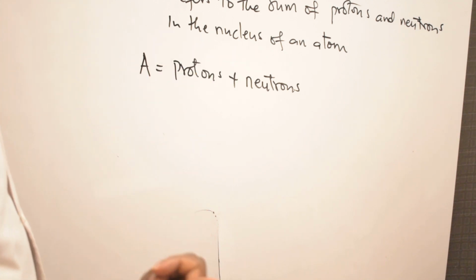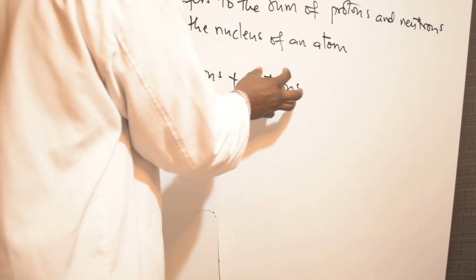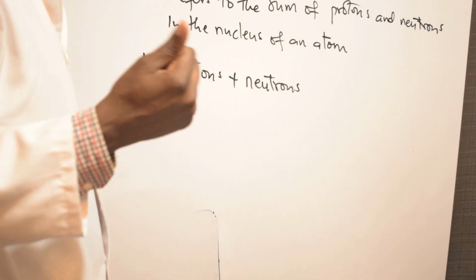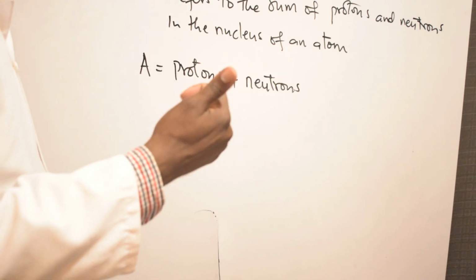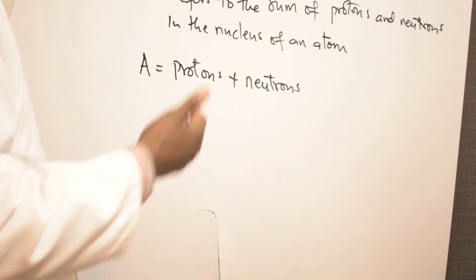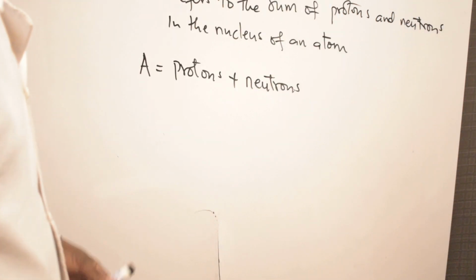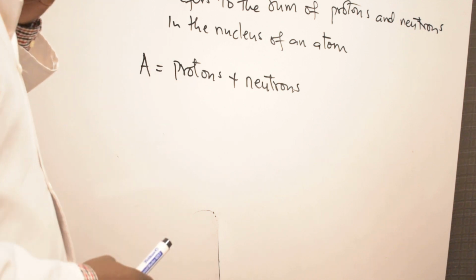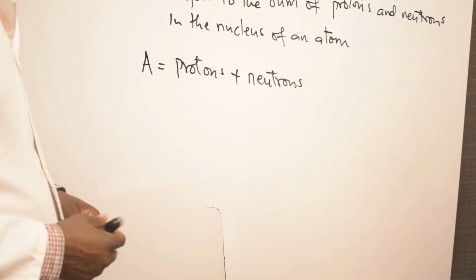Why did we say this? Because the protons and the neutrons have a mass. Remember, the electrons have negligible mass. So basically that is what we're talking about as far as the mass number is concerned.